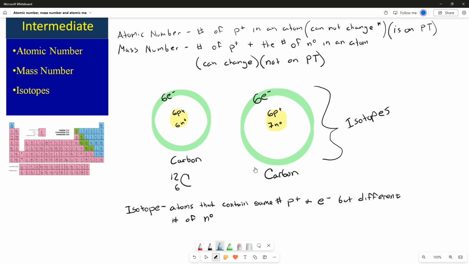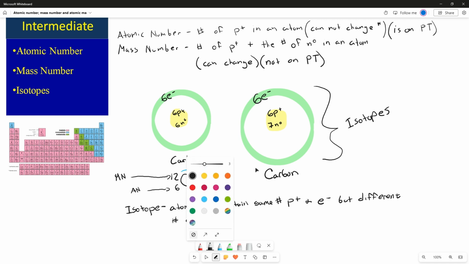So by writing the mass number being equal to 12, that's basically telling us we have 6 neutrons in this particular atom of carbon. So the 6 down there is the atomic number, and the 12 up here is the mass number. And remember, the mass number is the number of protons plus neutrons.